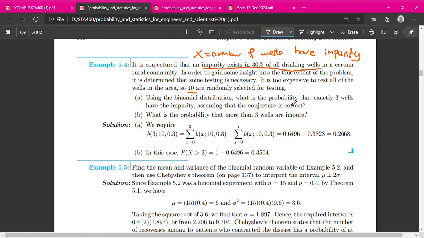Okay. So dia punya P adalah 0.3. So kita punya X adalah binomial with N is 10, P is 0.3.